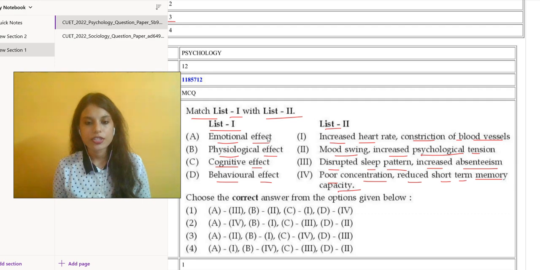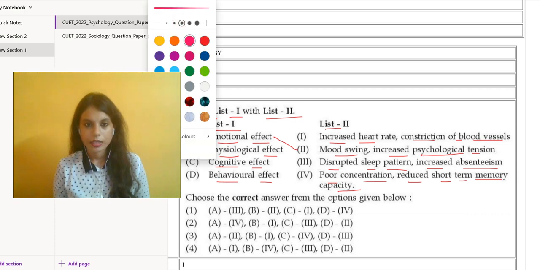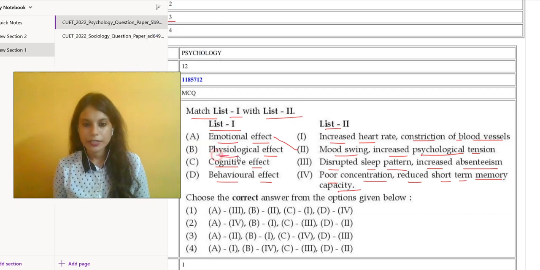Now, based on this, we can just match the following. Like with emotional effect, the side effect would be mood swings, increased psychological tension, and all of these. Secondly, with physiological effect, we are going to mark it with increased heart rate, constriction of blood vessels.